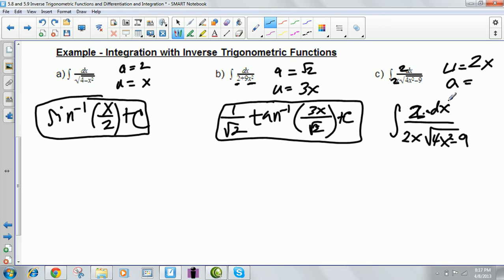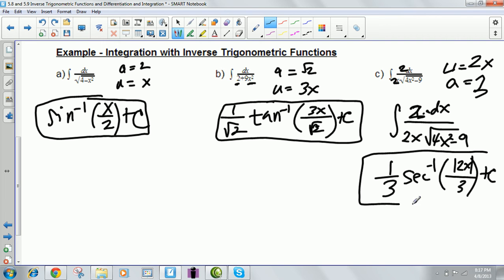Now if you look at this, your u in this case is going to be your 2x, because it's u squared, so 2x squared gives you the 4x squared. That's why we had to make this 2x out here. So if we make this 2, we had to put a 2 up there. And then your a is 3.